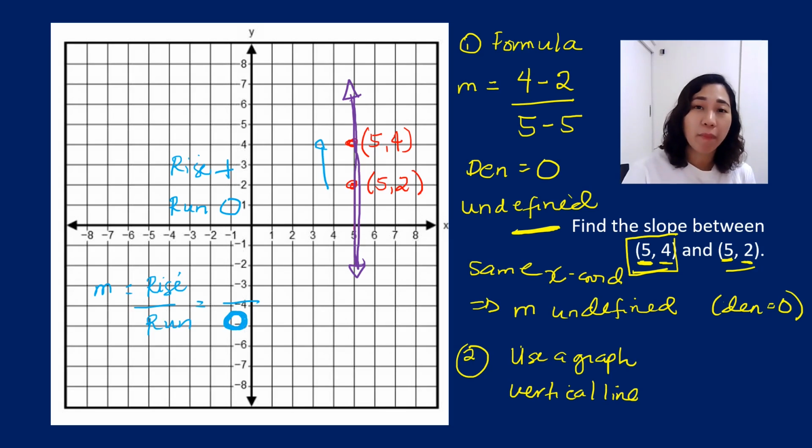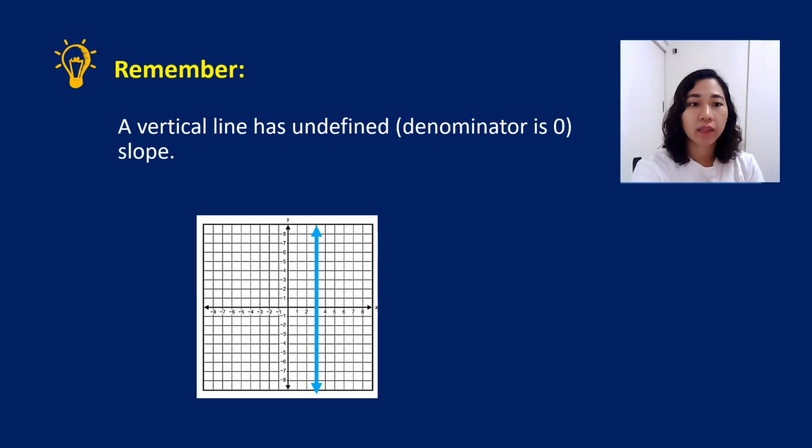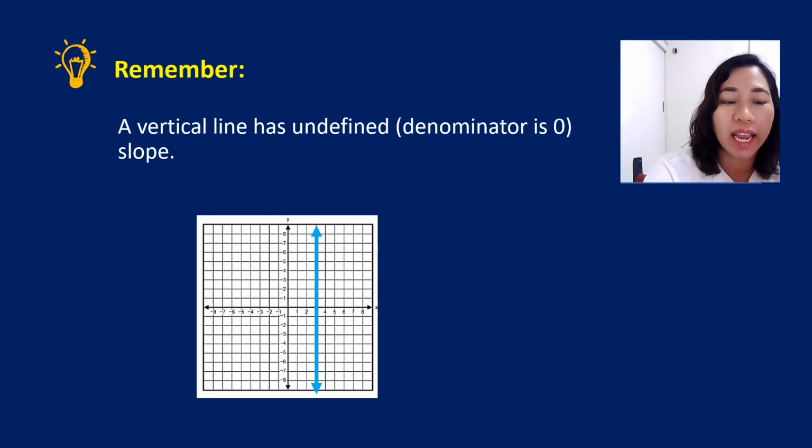And again, remember, when the denominator is 0, it means that it is undefined. So my point here is that whenever you have a vertical line, the slope will be undefined. Alright? A vertical line has undefined slope.